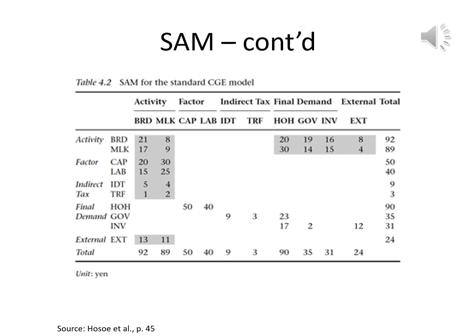If you look at the final demand government column, you can also see what government does with this revenue. 35 yen of revenues is spent on basically 19 and 14, which is 33 in sum, paid to bread and milk purchases. The government is spending on bread and milk.